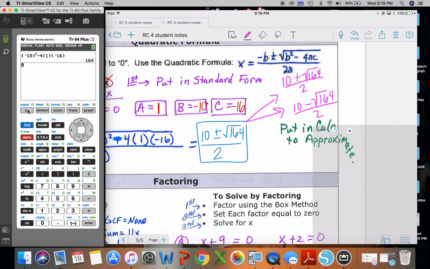So to show you one time how you would do that, I would do alpha y equals 10 plus the square root of 164 divided by 2.